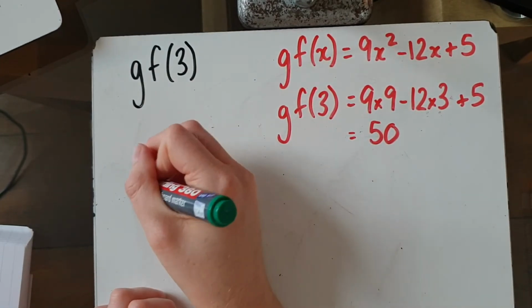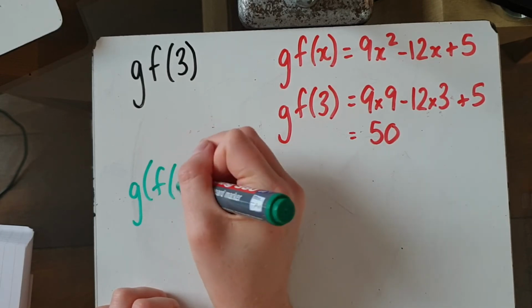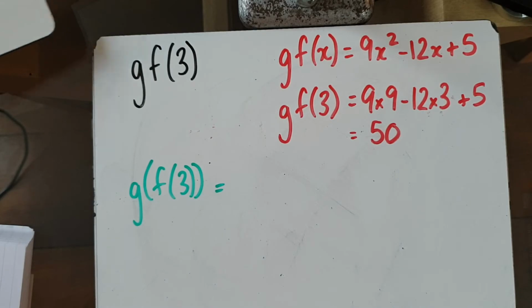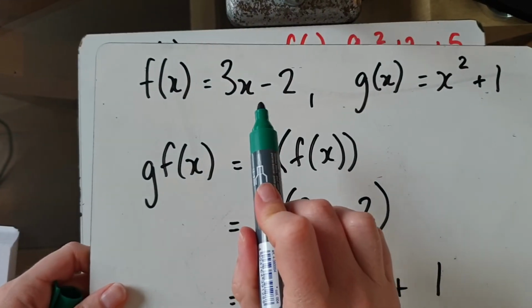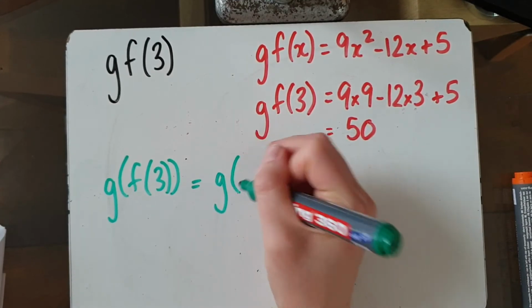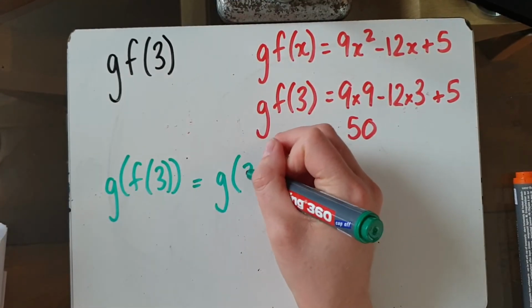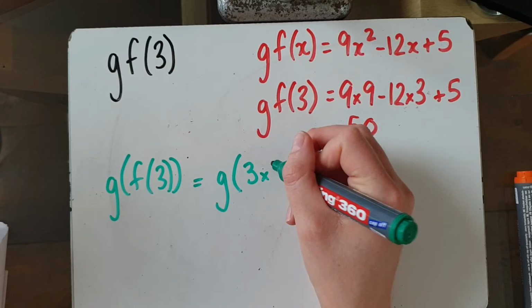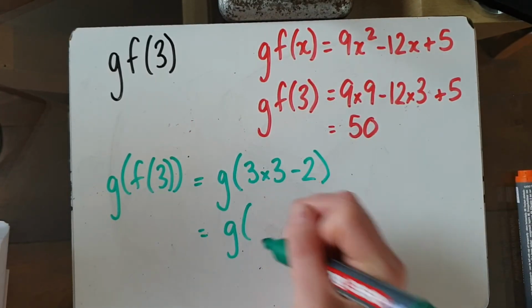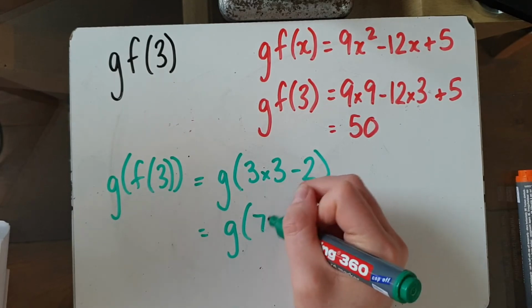Alternatively, we could do g of f of 3. So f, in case you've forgotten, was 3x minus 2. So I could do g of 3 times x, which is 3, minus 2, which gives me g of 7.